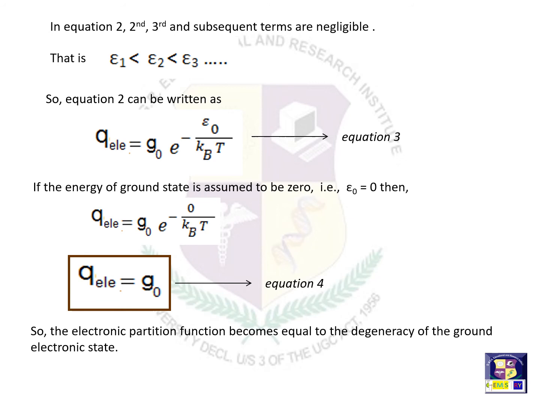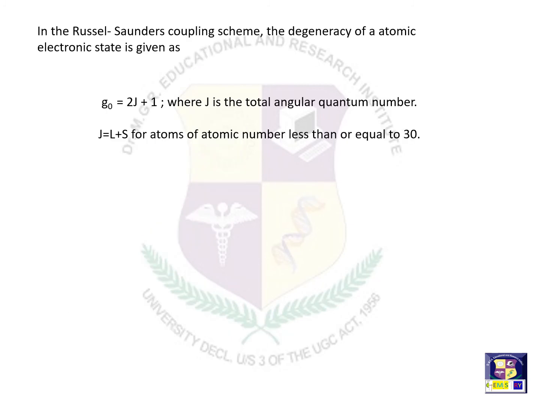So the equation reduces to Q electronic equal to g0, which is nothing but the degeneracy of the ground electronic state. So we can say that the electronic partition function becomes equal to the degeneracy of the ground electronic state. From equation 4, we understand that Q electronic, the electronic partition function, is equal to the degeneracy of the ground electronic state.